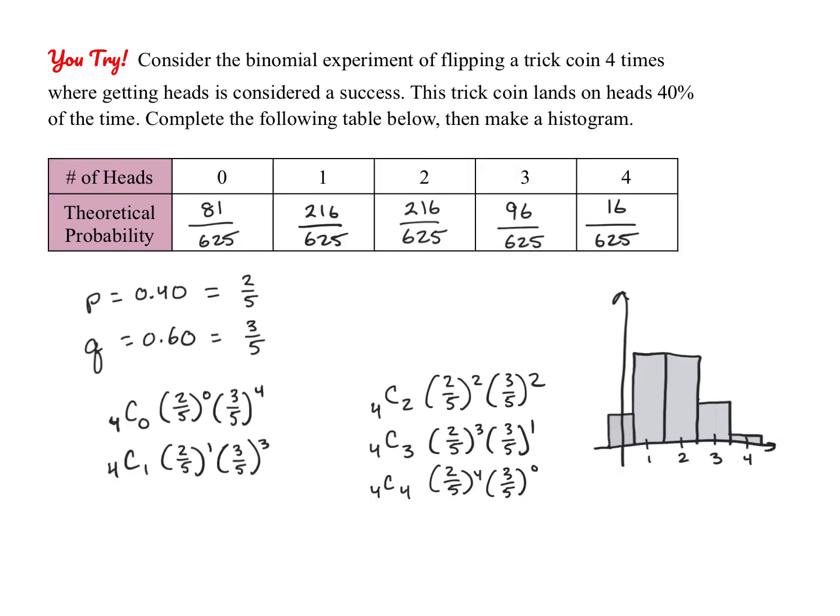All right, go ahead and check your work here. So again, this time the probability of a success is 0.4, 40%, so 2/5, and so the probability of a failure must be 3/5. So you can see here I have the formula filled out and I have the reduced fractions here. If you turn these values into a histogram, you'll see that the distribution of our data is skewed.